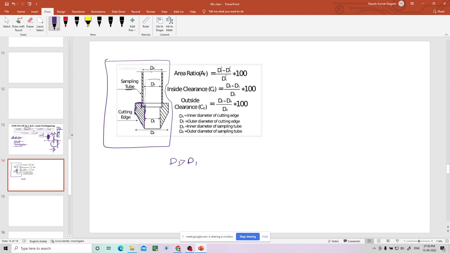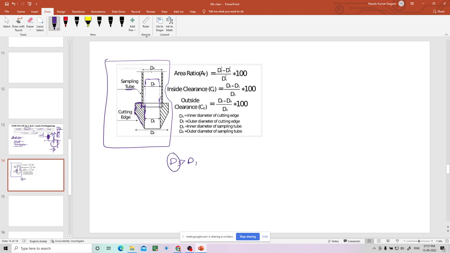It will not touch the sampling tube. If it touches, because of the friction the sample gets disturbed. That is the reason the soil sample which is entering should not touch the sampling tube throughout. That is how we design: the inside diameter of the sampling tube D3 is more than D1.